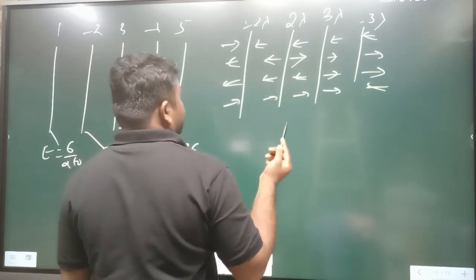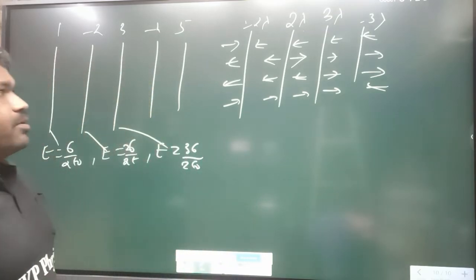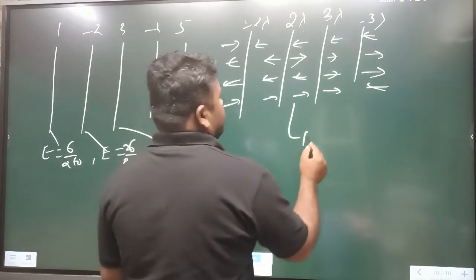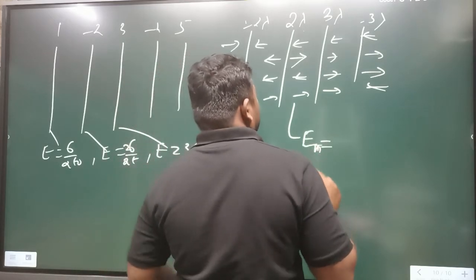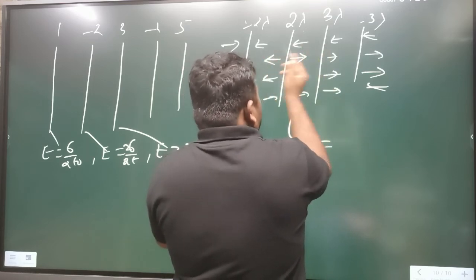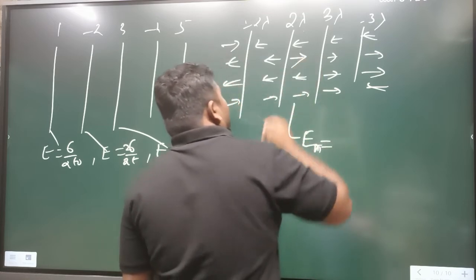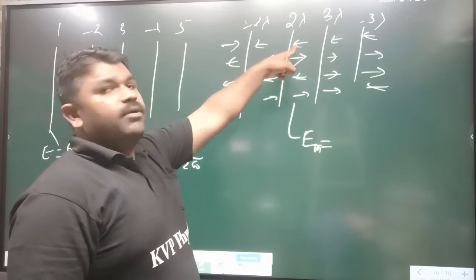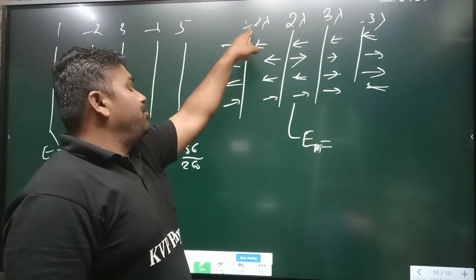No, sir. We need to solve one point in this case. Suppose you find out the electric field in this region, okay? Then this is equal to how much? This is the third region, suppose. Third region. Here the arrow is in the negative direction. What is the electric field for this case? This is the negative direction because of the first plate.